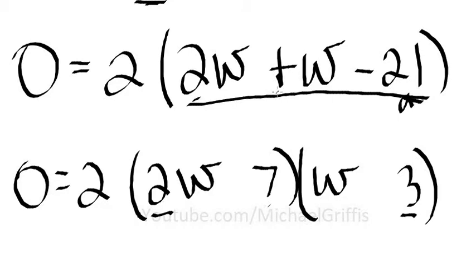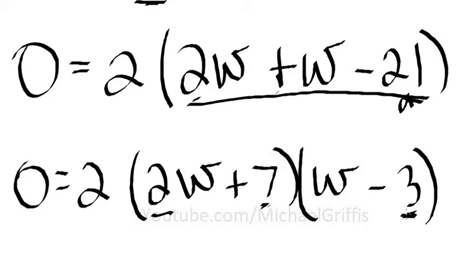And then we got a positive 1 up here. So obviously 7 will have to be the positive. Minus. Okay. I could have flipped this around and put the 3 here first and the 7 here. But all right, I think we got it there. That would give us 2W plus 7 times W minus 3, and we multiplied it out.